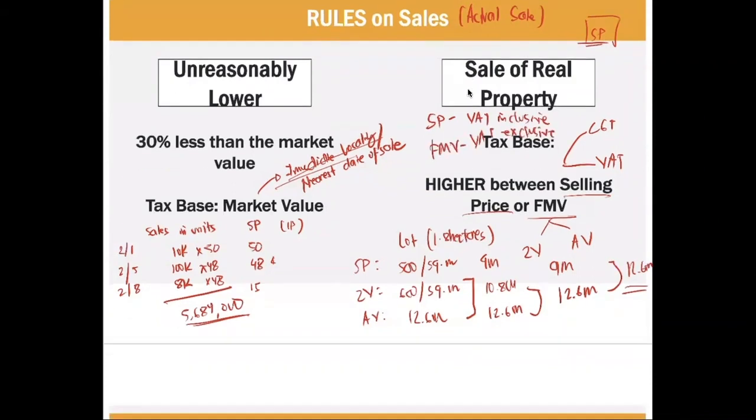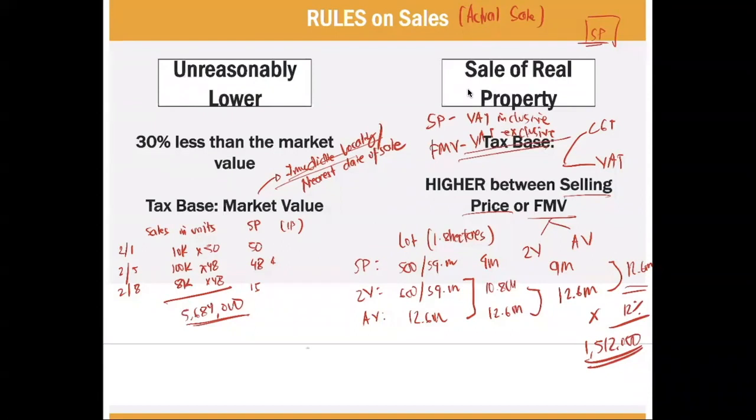So in our example, we have 12.6 million multiplied by 12%, we have 1,512,000 pesos. Okay, so in our example, the fair market value is higher. So sabi natin, it is VAT exclusive, kaya minultiply natin ng 12%.